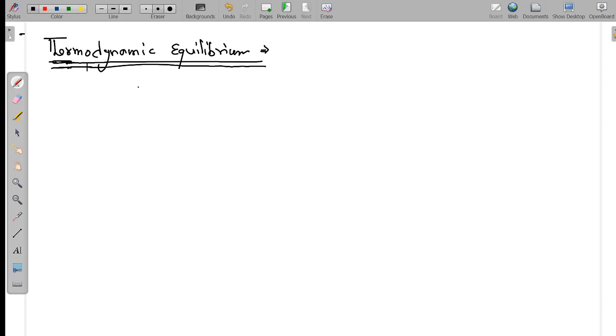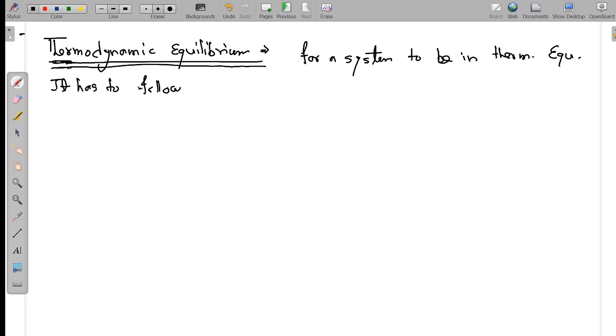So, thermodynamic equilibrium. For a system to be in thermodynamic equilibrium, it has to follow three equilibriums.